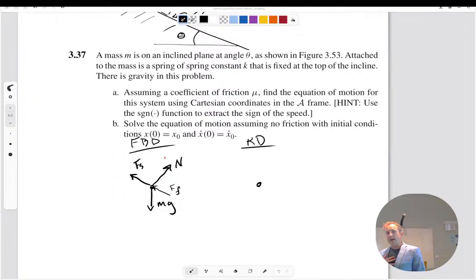So I think the force of the spring should point up this way, and I'm just going to say that it's always pointing up that way. Why is that okay? How would it become a negative force?